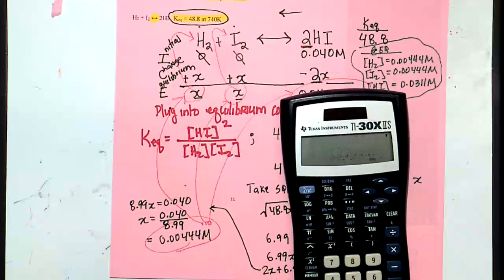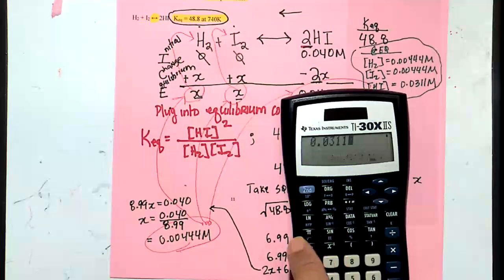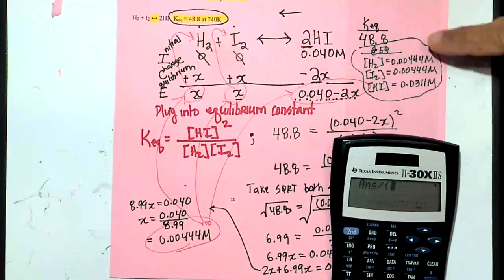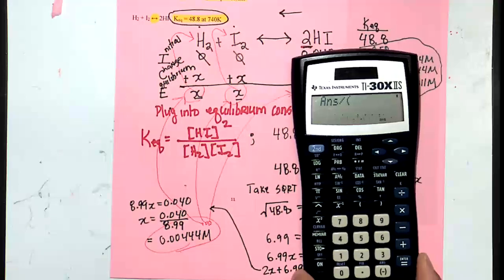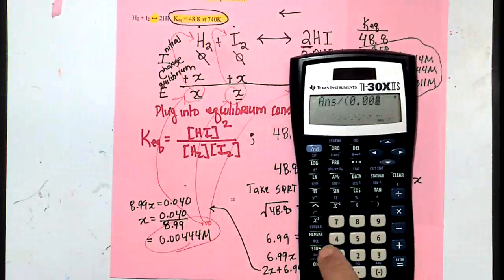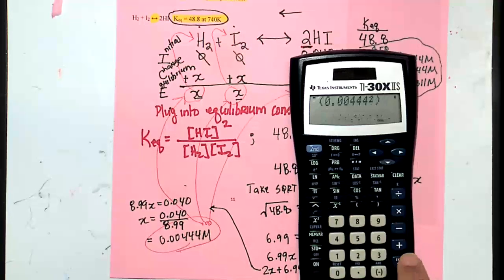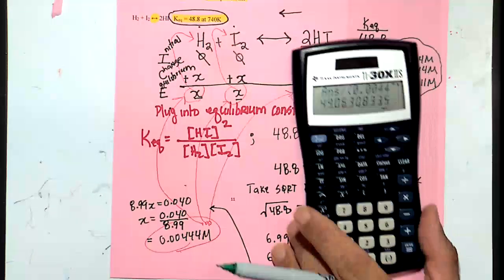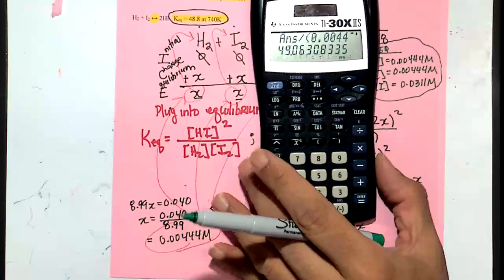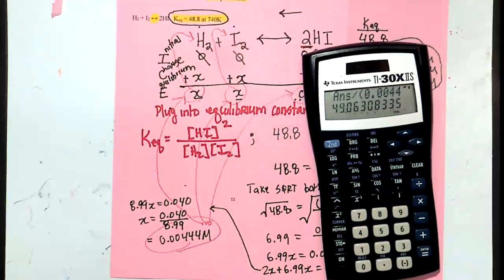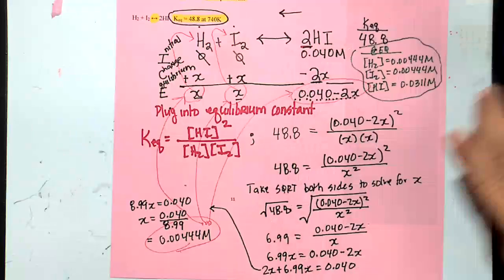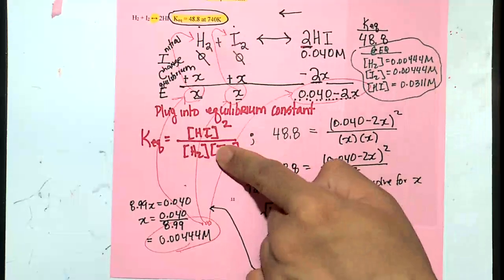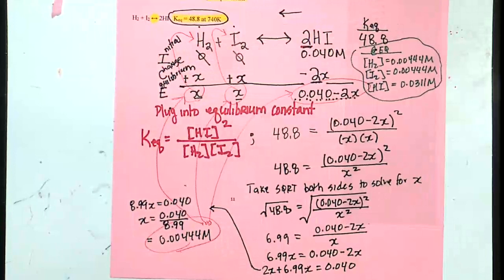That's how you can check you get the right answer. 0.0311, HI squared, divided by 0.0044 and 0.0044, gives 49.06, versus 48.8. I think that's good enough. Close enough. So you can always check your answer by plugging this back in, and it should equal your equilibrium constant.